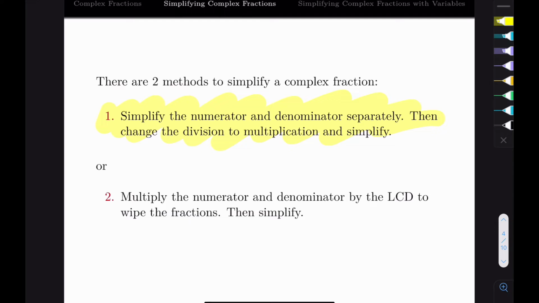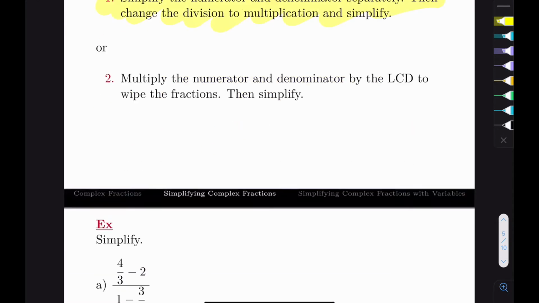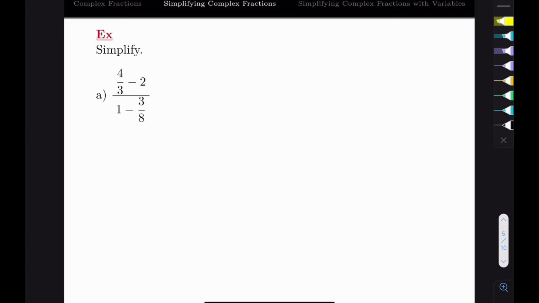When we go ahead and talk about dealing with variables, absolutely nothing is going to change. So let's start with this first example. We have 4/3 minus 2 in the numerator and 1 minus 3/8 in the denominator. So the very first thing I want to do is clean up to get a single fraction here, a single fraction here. In this first one, I've got 4/3 and we're subtracting 2.